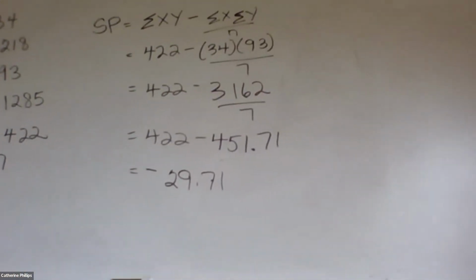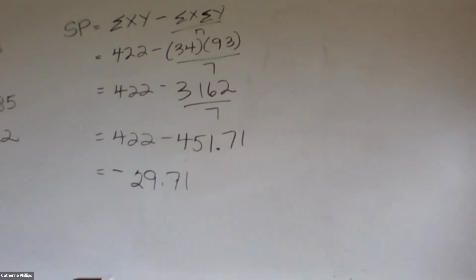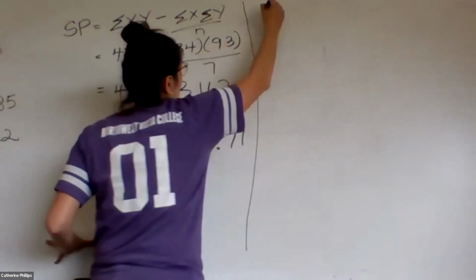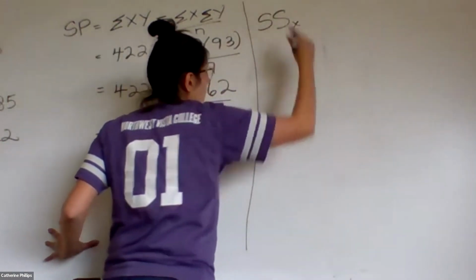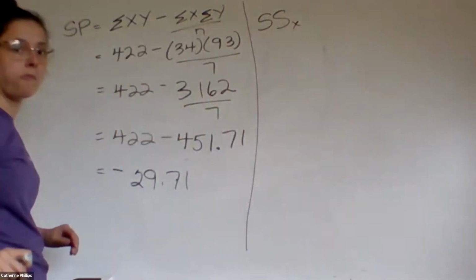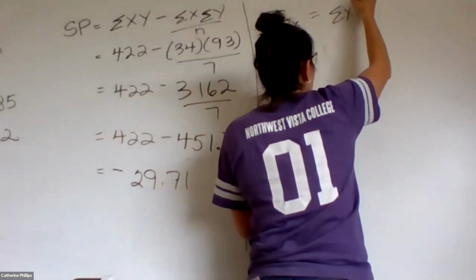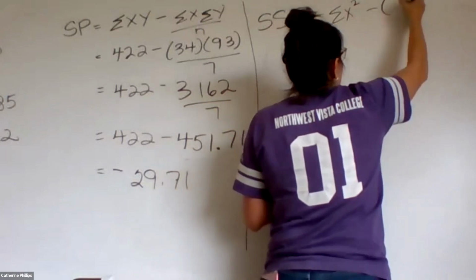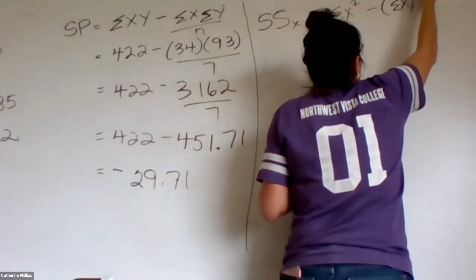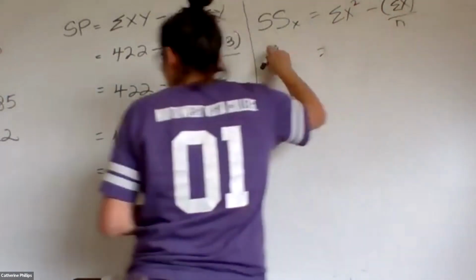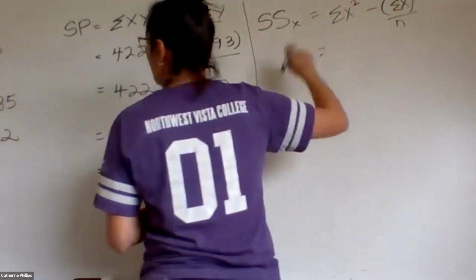Now what we need to do is calculate sum of squares X and sum of squares Y. Sum of squares X is equal to the sum of X squared minus the sum of X, which is then squared and divided by N. Remember, this better be a positive number.